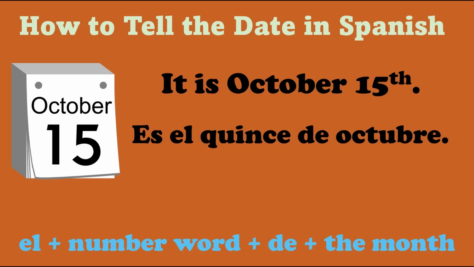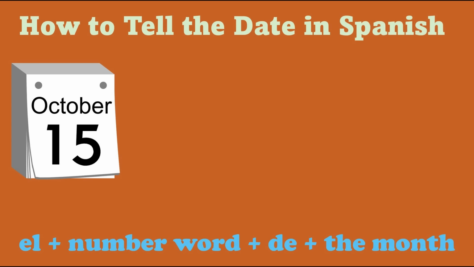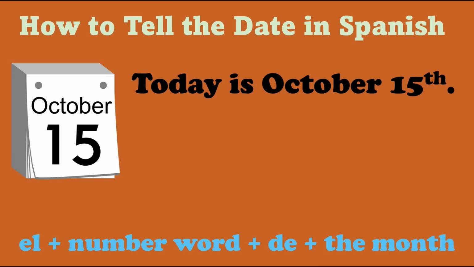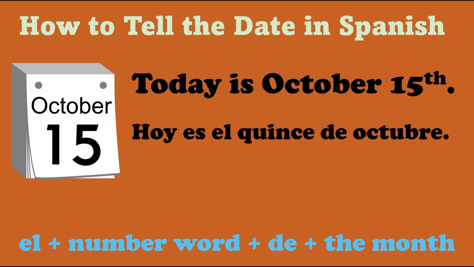Let's see another one. Today is October 15th. Again, the beginning changed. In the Spanish, we see hoy es el 15 de octubre. The beginning changed, the pattern remains the same.